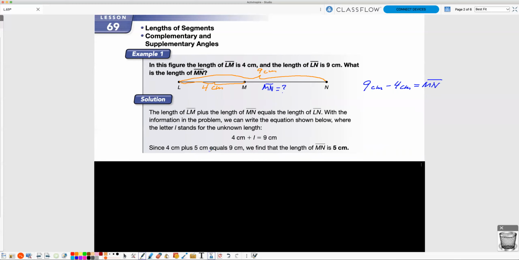Since 4 centimeters plus 5 centimeters equals 9 centimeters, you can find that the segment M to N is 5 centimeters. You could name it M to N or N to M. They're the same thing, 5 centimeters. And that represents from this point to this point. If you look at it, this distance being 5 centimeters and this distance being 4 does add up to 9.